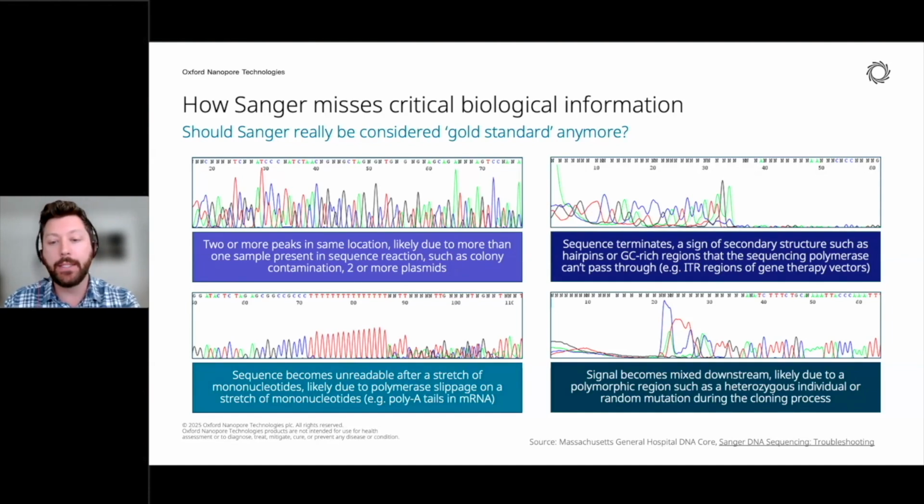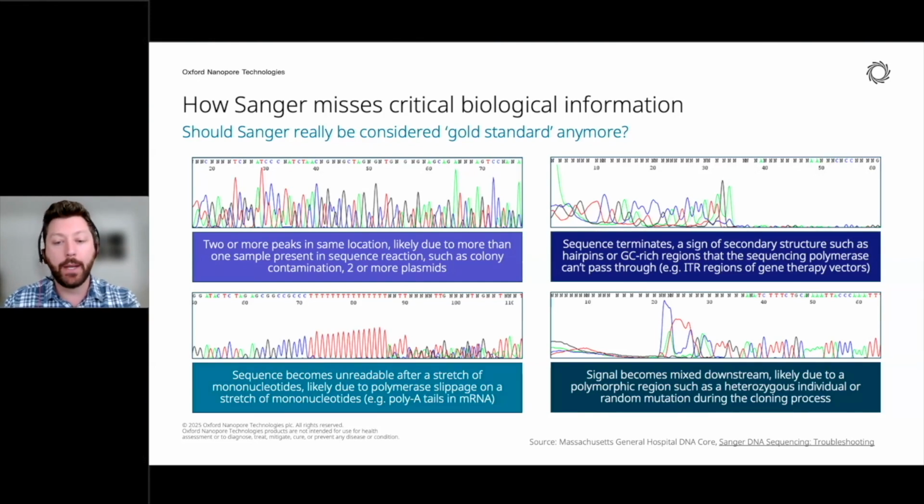In the top right, we see the sequence abruptly terminates, and this can be due to secondary structures like hairpins or high GC content regions, for example, the inverted terminal repeats or ITRs of AAV vectors, which traditional Sanger runs often fail to read through. In the bottom left, the sequence becomes unreadable after a stretch of mononucleotides, and this is likely due to polymerase slippage, a known failure point for Sanger, especially in homopolymer-rich regions like poly A tails in mRNA constructs, for example.